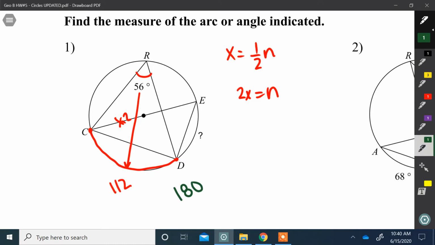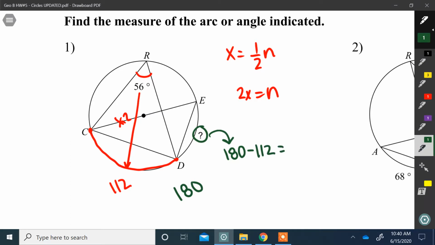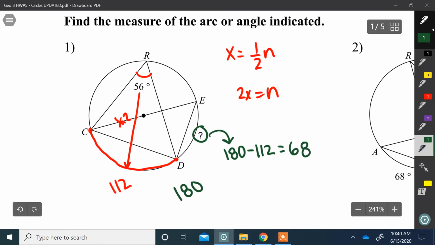So I know that that's 112. If I want to get this portion right here, all I have to do is subtract 112 from 180, because that's a half circle. That just makes sense to me logically, and that's how you have to see it. You have to do this logically. Don't overthink this. And you get 68.